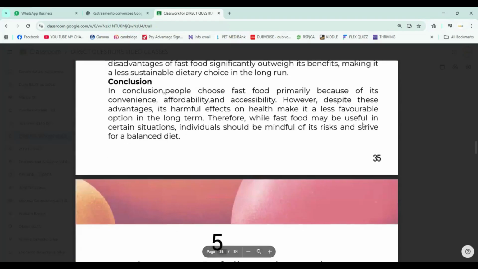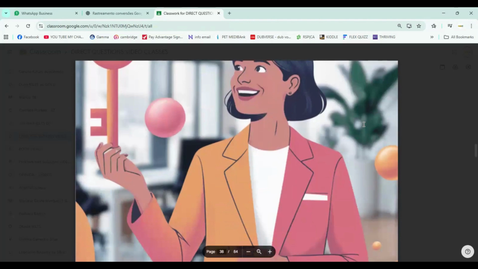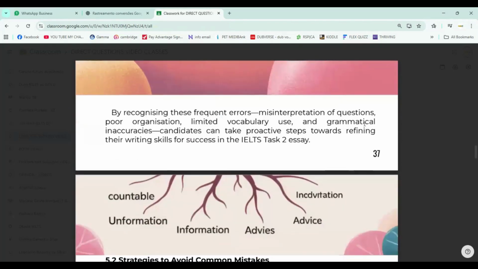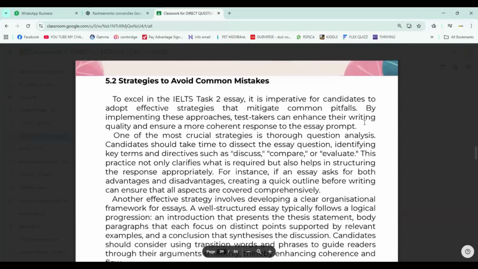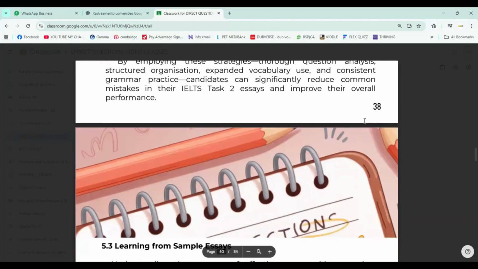On page 37, now in chapter 5, at the end of the book, the book covers common mistakes. Then we start with all the possible errors: informal language, personal pronouns, phrasal verbs, overgeneralization. All of this is important to avoid, right?